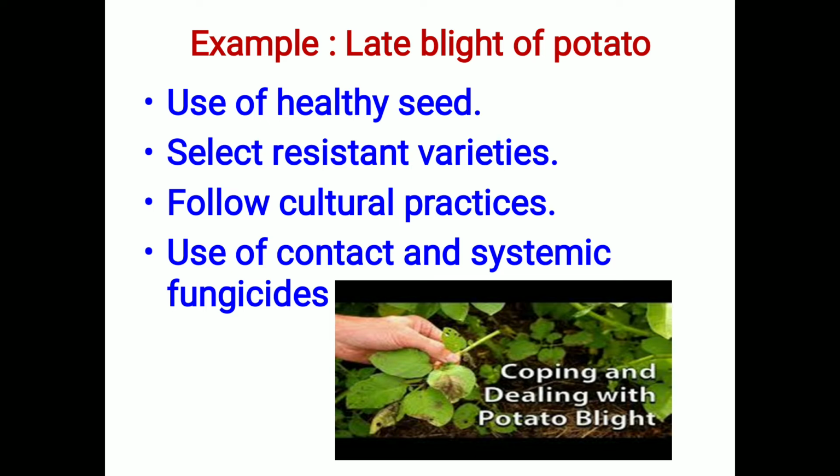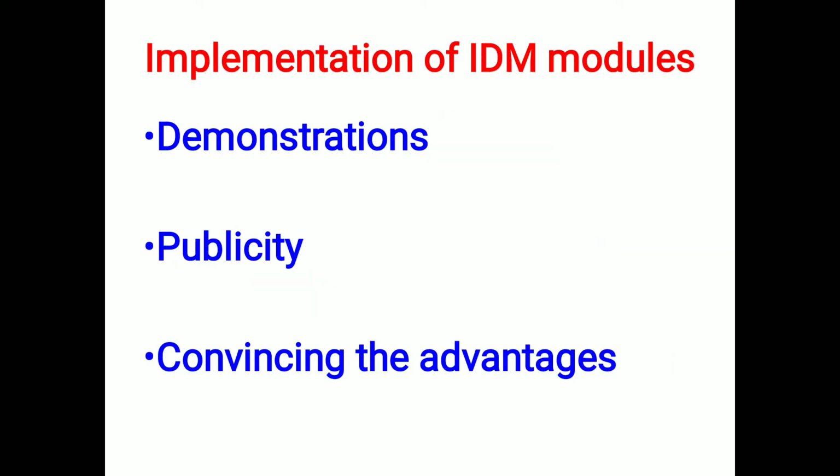Then last, use of contact and systemic fungicides. Depending on the type of disease we can select the contact and systemic fungicides, or sometimes a combination of both, to remove the late blight of potato.